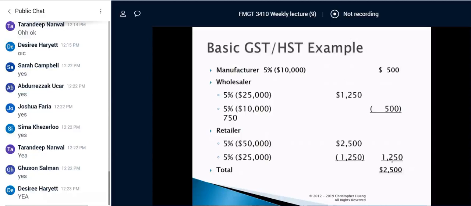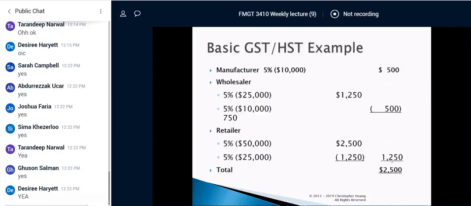They're going to pay you, the vendor, 1,250 in GST, and you're going to remit that 1,250 to the government. Sorry, I'm mixing things up again. Let me start all over again.